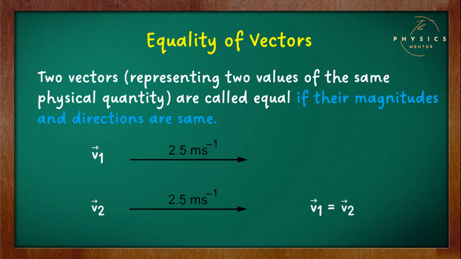Both have the same magnitude equal to 2.5 meter per second. They are acting towards the right. Since both have the same magnitude and direction, they are equal vectors. Therefore, we can say vector v1 is equal to vector v2.